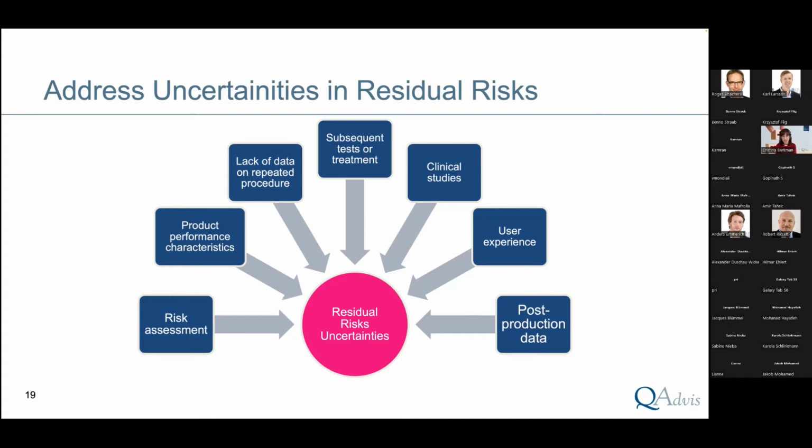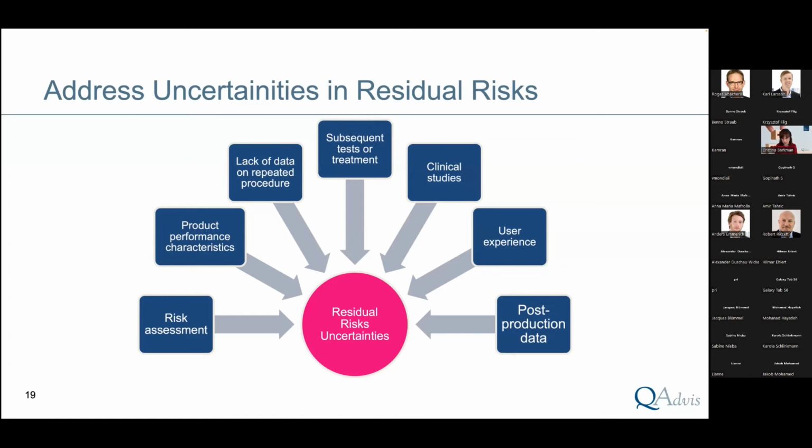For example, if you need to repeat the medical procedure where you use the device, you need data on that. What happens then? Do you need to do subsequent tests or treatments when you are using this medical device for a medical application? Then, of course, you would have uncertainties that are coming from the clinical studies itself, from the user experience, and post-production data.